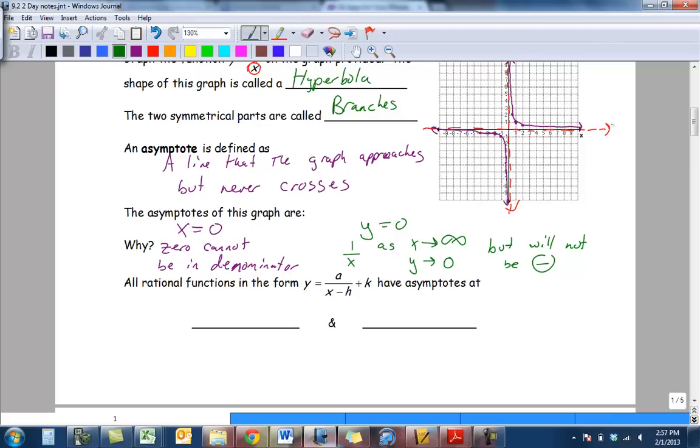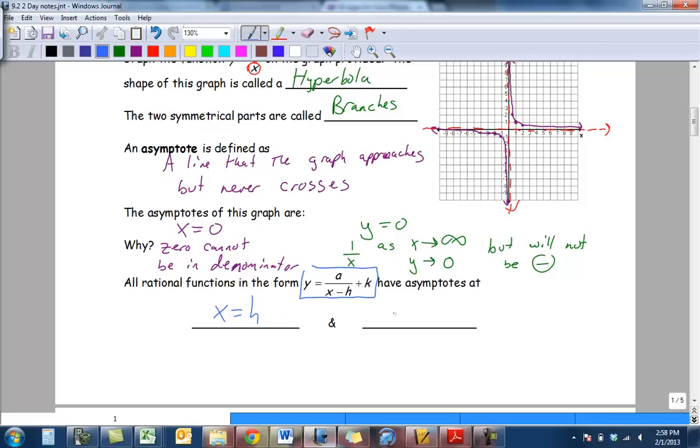Okay, so that brings us to this formula right here, for all rational functions in the form y is equal to a divided by x minus h, plus k. This is going to have a vertical asymptote at x equals h, because that's what makes the denominator 0. If x is h here, h minus h is 0, so that's why it can't be h.